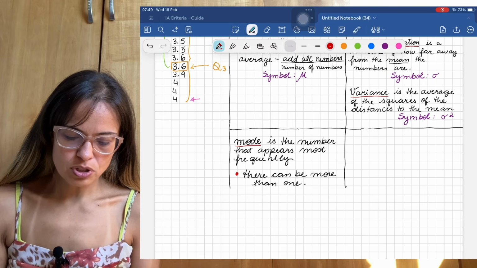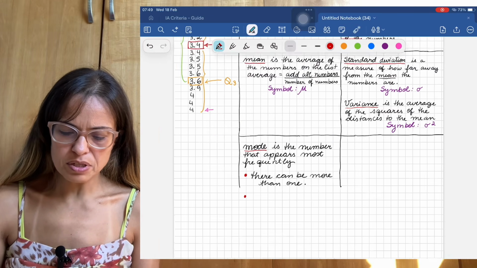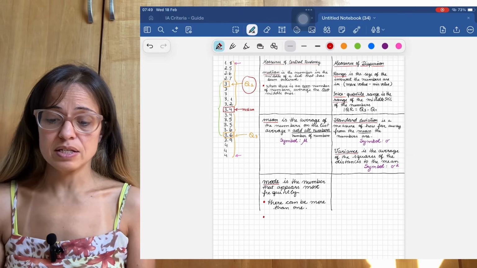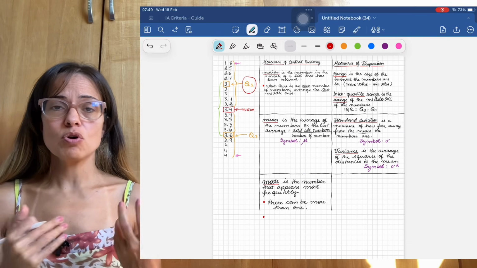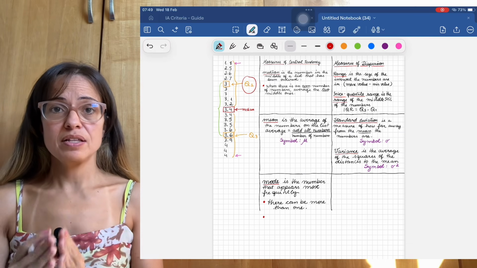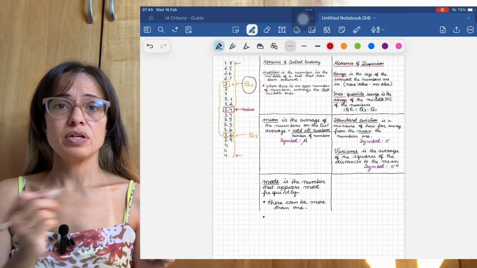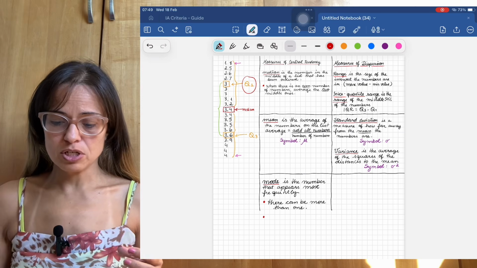And the other observation that I like to make about this is that it kind of annoys me that mode belongs on the list of measures of central tendency. Because remember, we talked about how mean and median, each in their own ways, were trying to find the central value of the data set. One of them was looking at the middle of the values, the other one was looking at the middle of the positions.